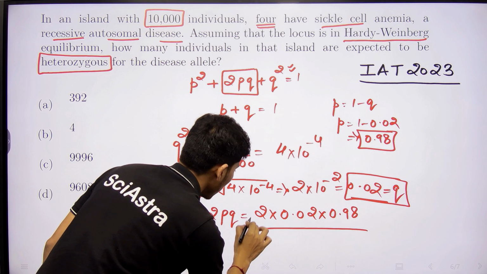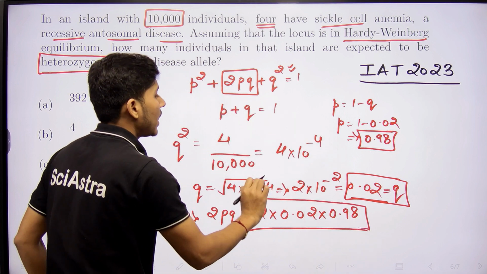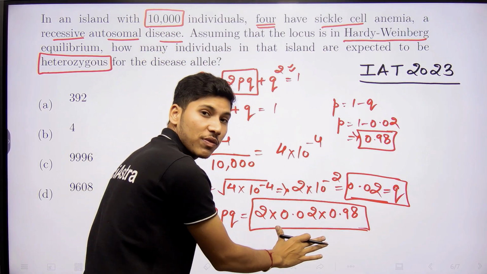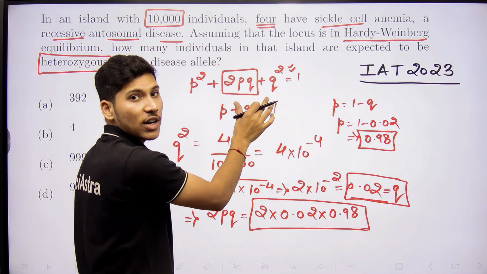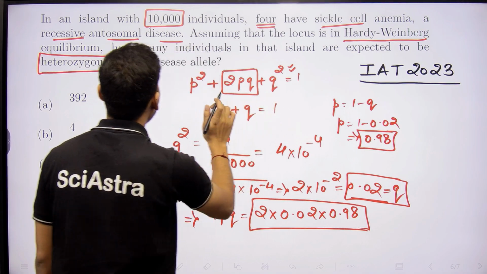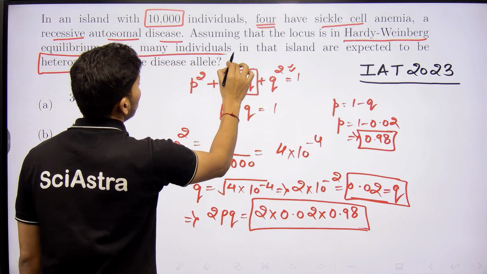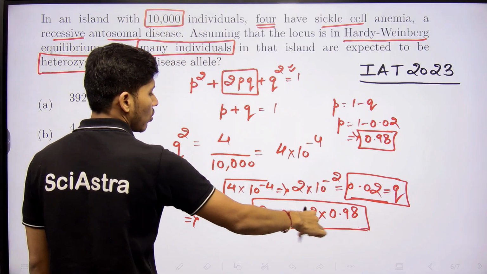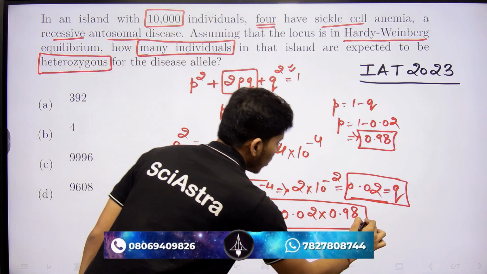There will be some value here. But they are not asking about the frequency. This value is about frequency. 2pq is the frequency of heterozygotes, but they are asking about the number of individuals. So you need to multiply this whole value with 10,000 also.